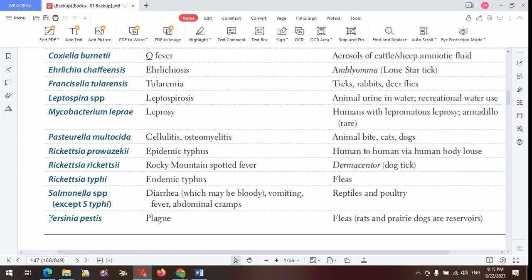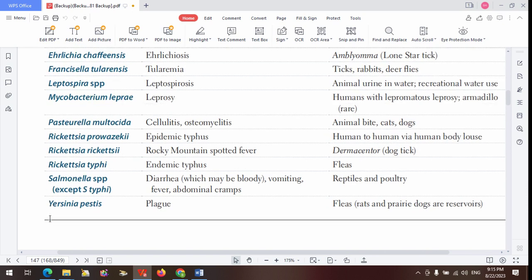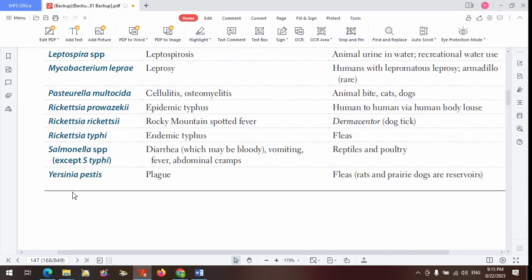Rickettsia, all these rickettsia, we are going to talk about them. So let's ignore. Salmonella. Salmonella typhi is not zoonotic, but the Salmonella species that are non-typhi, they are zoonotic. Because those are the ones that we can get from contact with animals, with the egg, with the poultry. So those ones will not typically cause bloody diarrhea, but occasionally when they become invasive, they can cause bloody diarrhea.